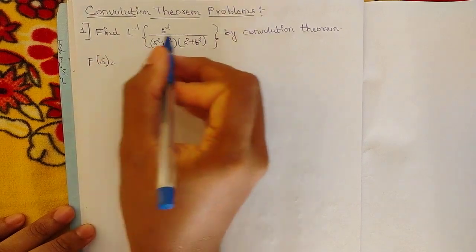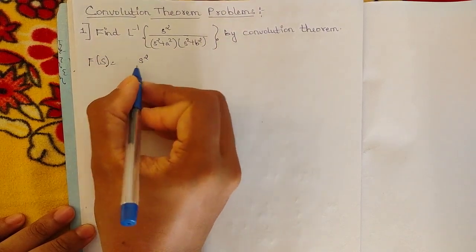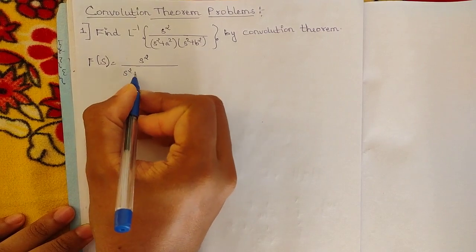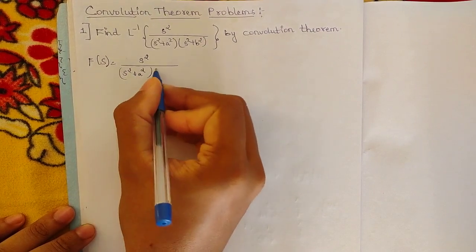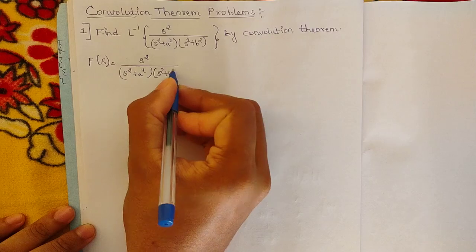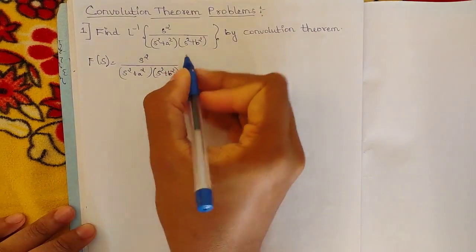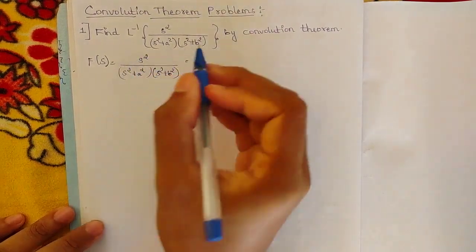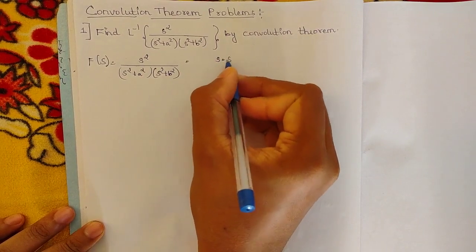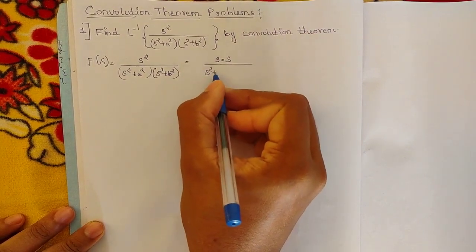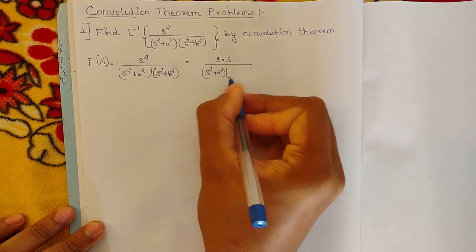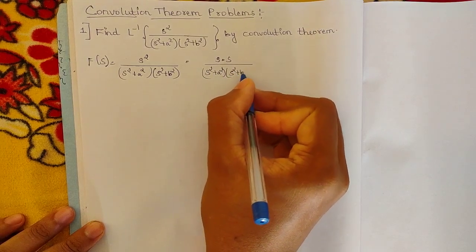Here we can write the denominator as s square plus a square into s square plus b square. So we can write this further as s square. Now what I am doing is splitting it into s divided by s square plus a square, and s divided by s square plus b square.